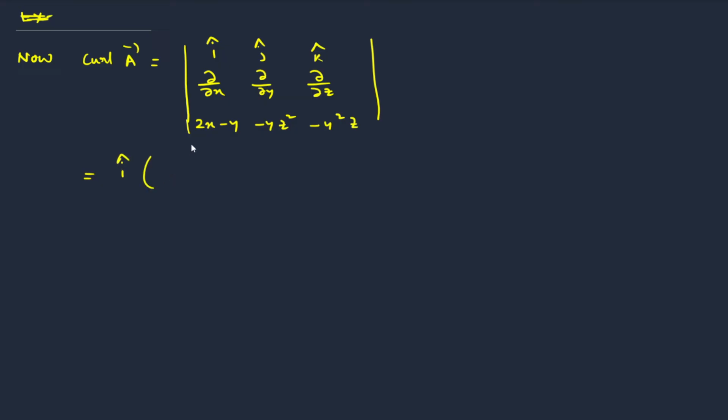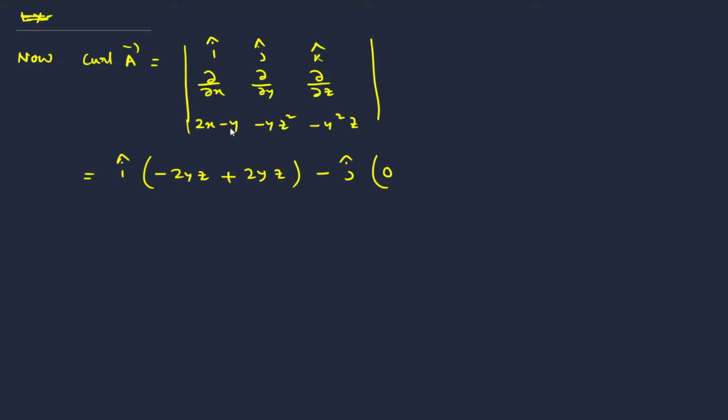So it will be i cap into this row, this column vanishes. If you differentiate this, what will you get? Minus 2yz. Then this into this, again it will be plus 2yz, so it will cancel out. Minus j cap into this row, this column vanishes. See, del x of this, there is no x, so it will become 0.